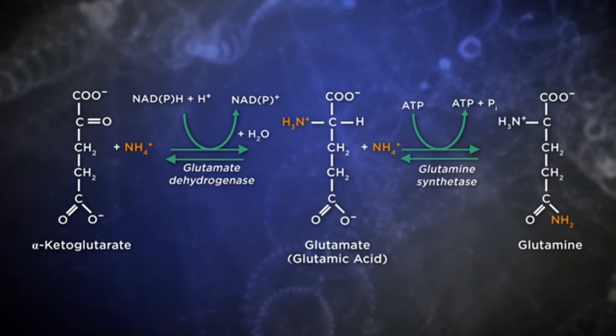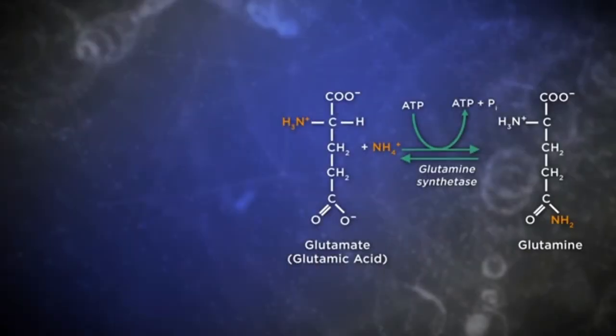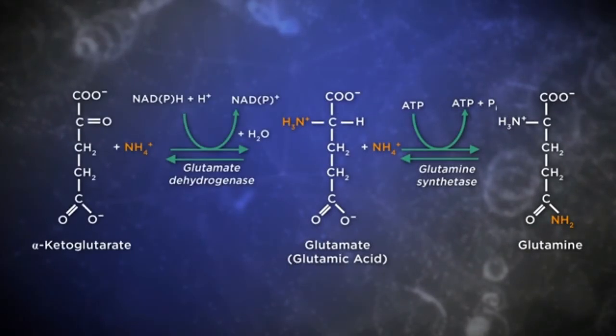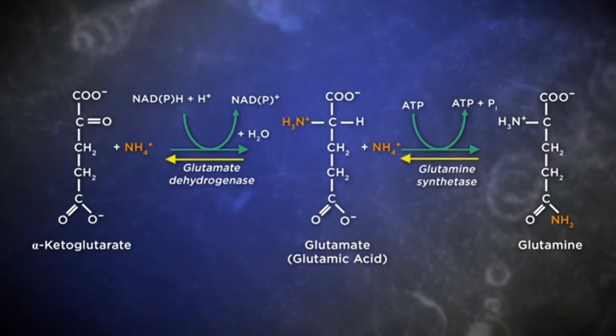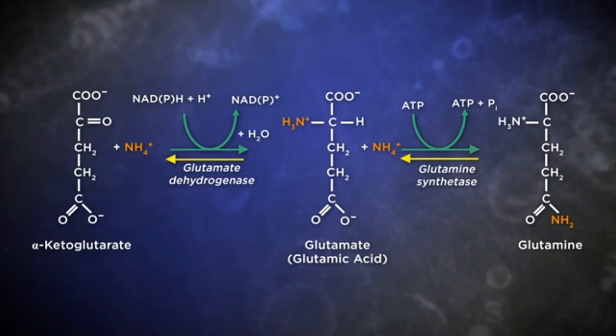This is just one of at least 10 instances where an intermediate of the citric acid cycle is linked to amino acid synthesis. Many of these reactions can reverse too. Glutamic acid and glutamine can be converted to alpha-ketoglutarate. Thus, glutamic acid and glutamine enter the citric acid cycle via alpha-ketoglutarate.